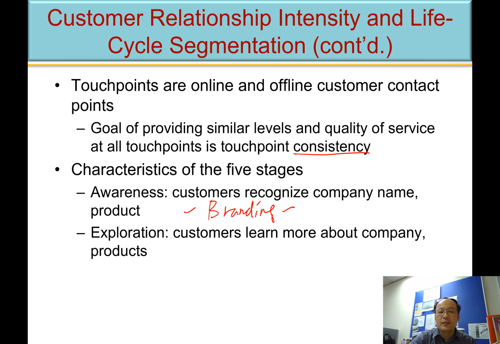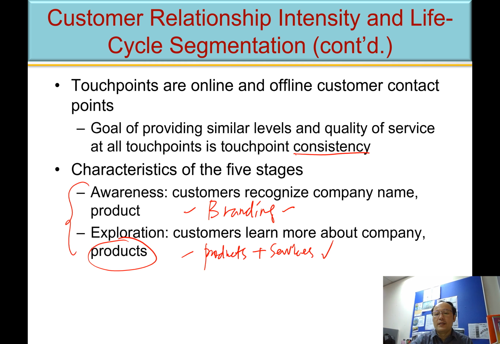So the branding is important. Exploration, the customer learns about the company's products and understands them. This is also involved in branding. But this one is to learn about the company and about the products and services offered by the company.